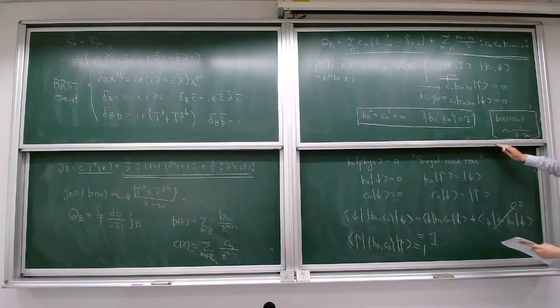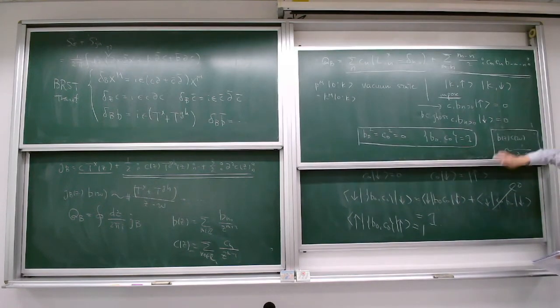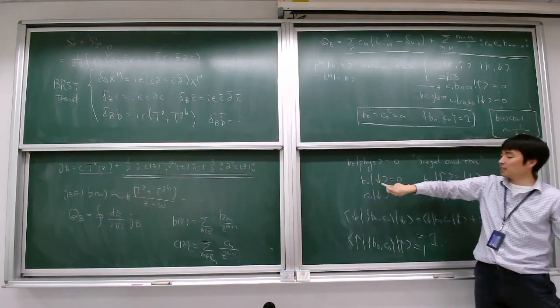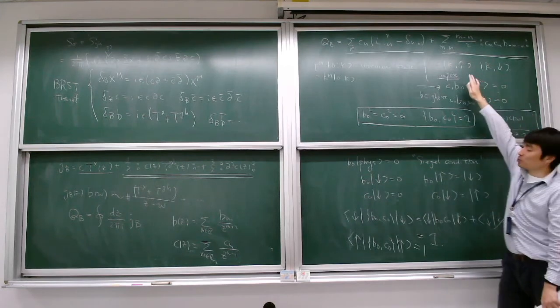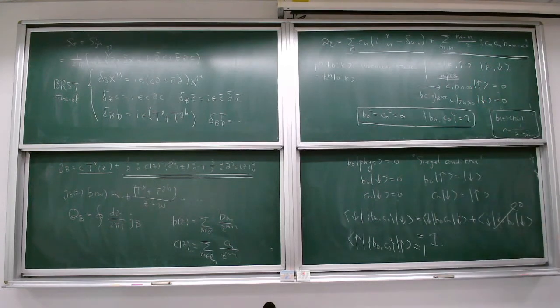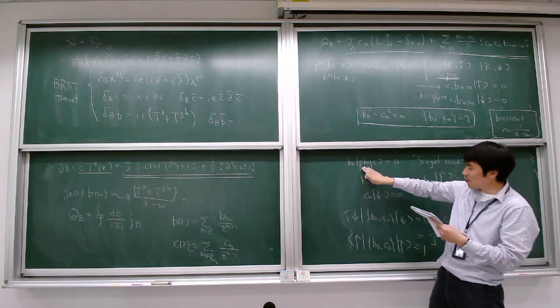So the ghost vacuum is this down one. So B0 annihilates the down spin. So this one is ghost state, and this is true vacuum. Sorry, I think I made a wrong statement. I'm sorry. So B0 on the physical vacuum has to be 0.